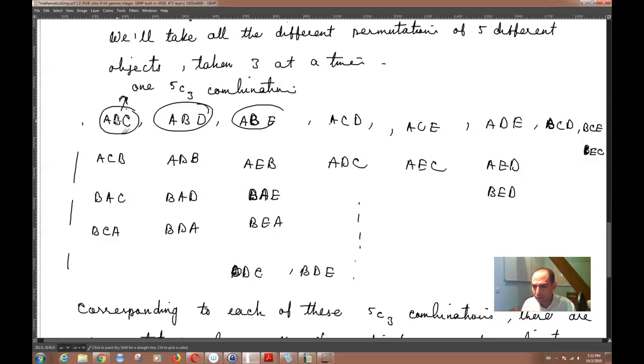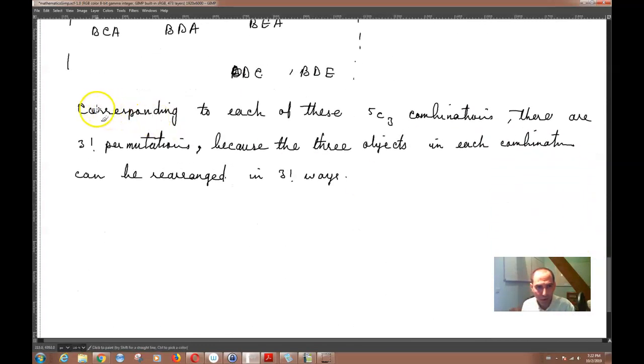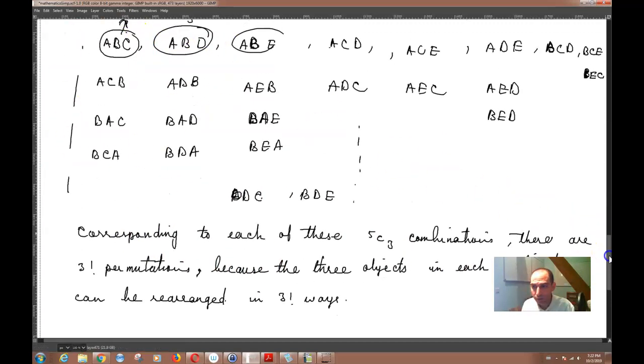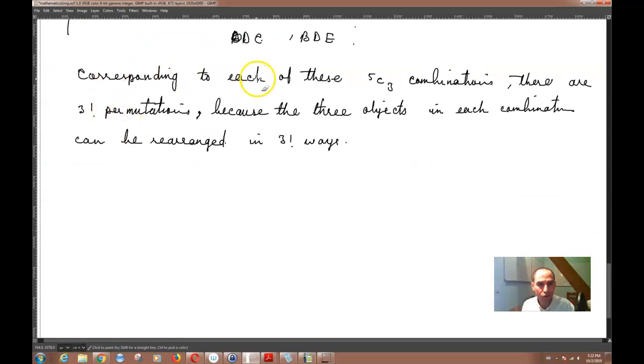We have already seen that. So we can say with 100% certainty, even without doing the experiment, that corresponding to each of these 5 combination 3 combinations, there are 3 factorial permutations, because the 3 objects in each combination can be rearranged in 3 factorial ways.